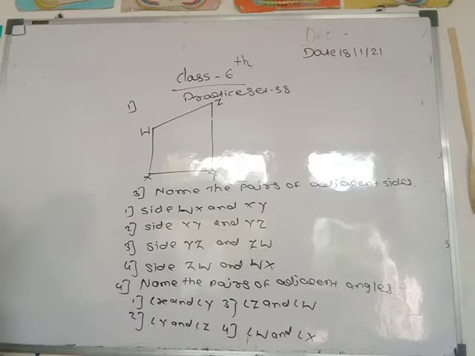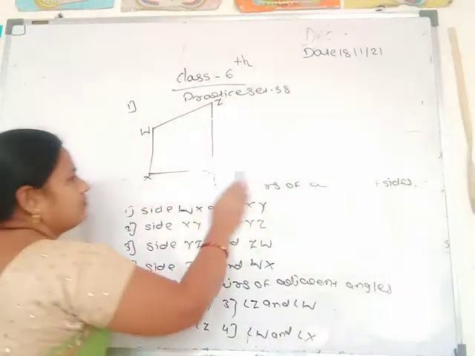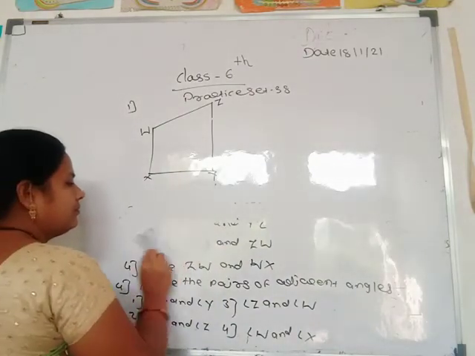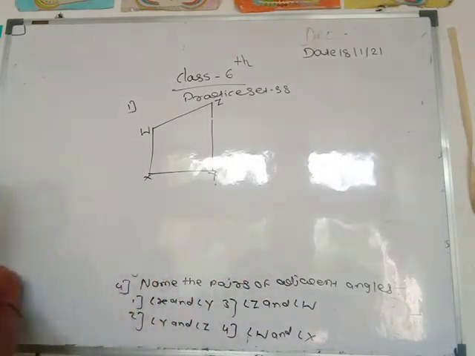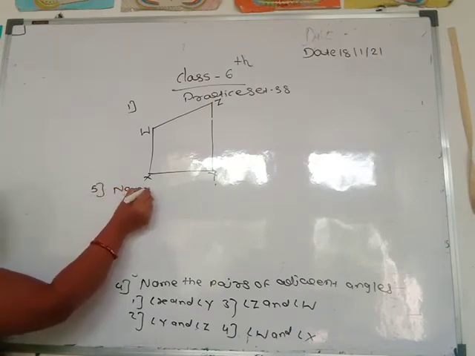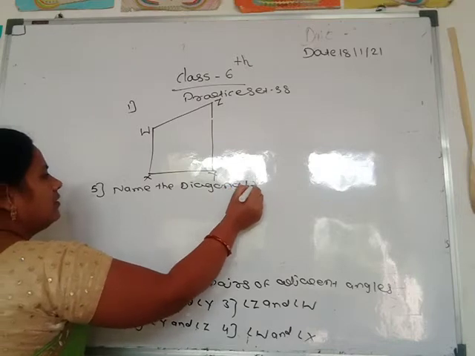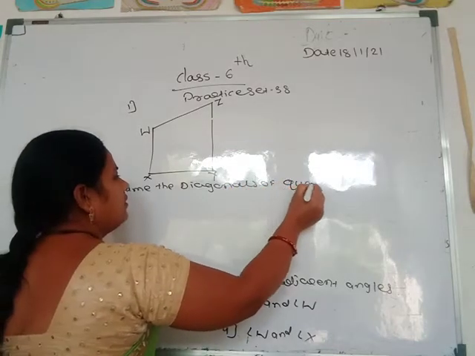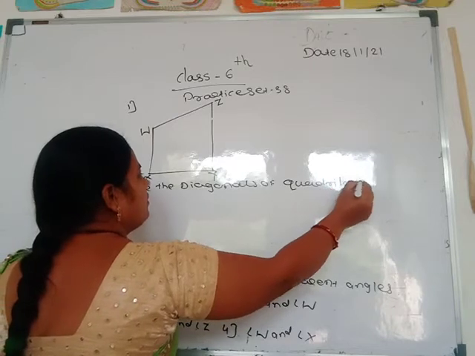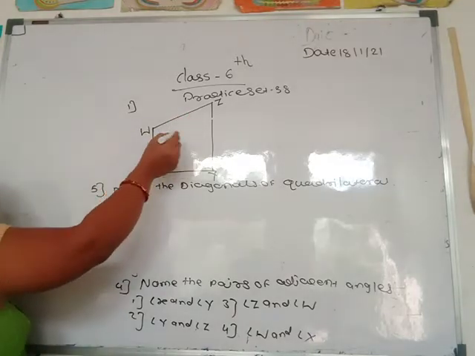Then the next one: name the diagonals of this quadrilateral. Fifth question, name the diagonals of the quadrilateral.